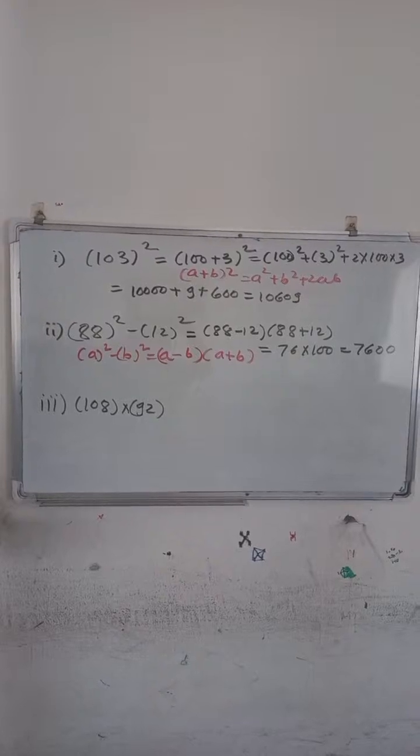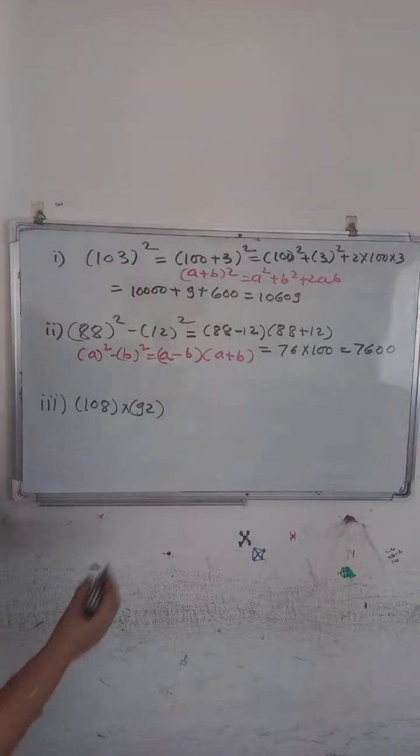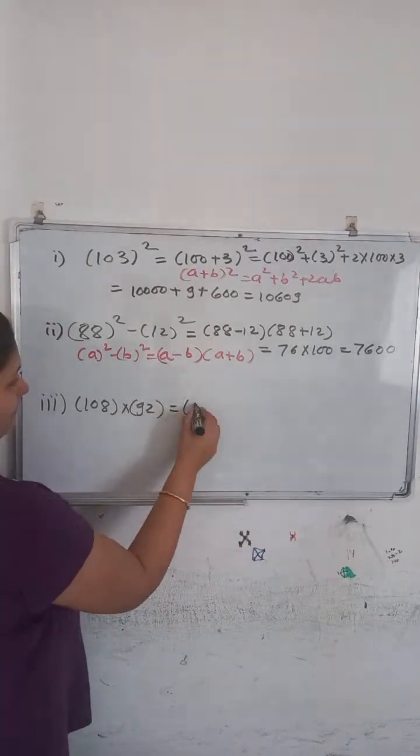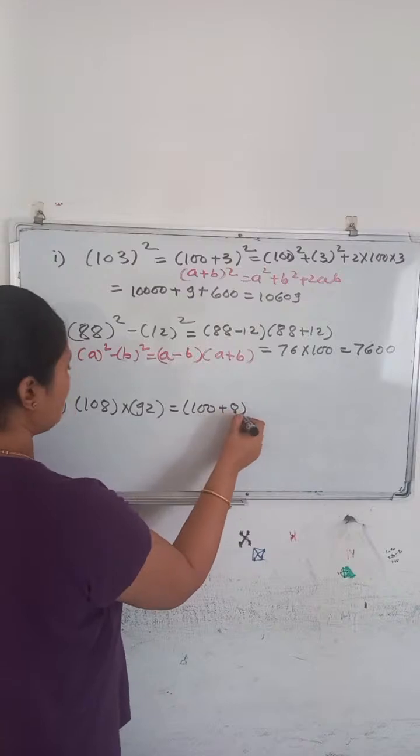So copy this one. After that, this is also very important. Now 108 into 92 we can write as 100 plus 8, which is 108.